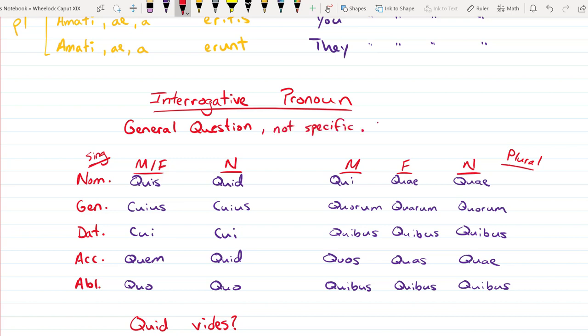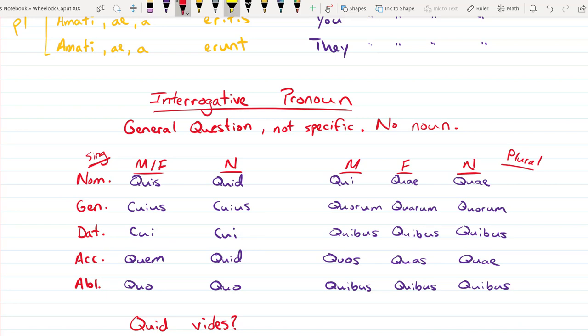Also, what will help you tell that it's the interrogative pronoun instead of interrogative adjective is there will be no noun to go with it. Okay, so general question, it's not specific, it's not asking for a specific person, and there's no noun there.